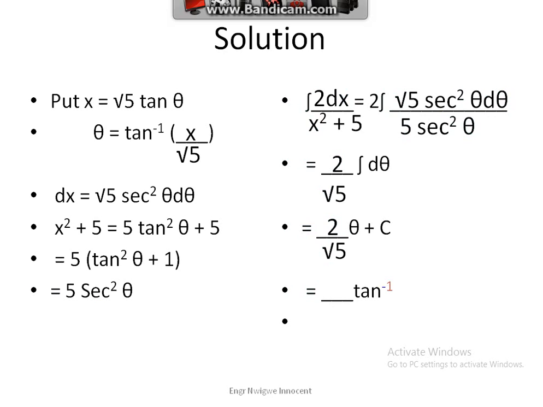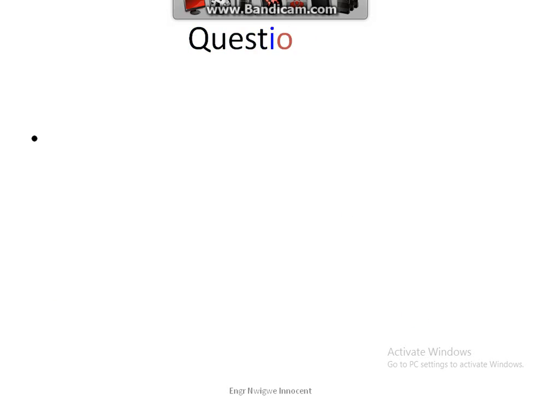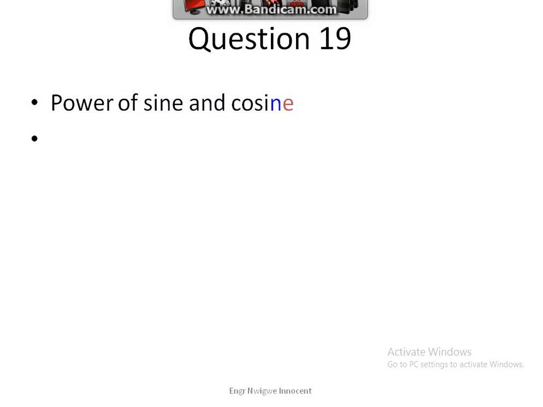Therefore, this gives us 2 over square root of 5 times tan inverse of s over square root of 5 plus c. Question 19. Power of sine and cosine. Evaluate the integral of sine squared s ds.